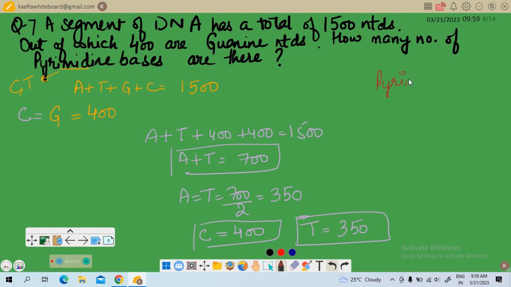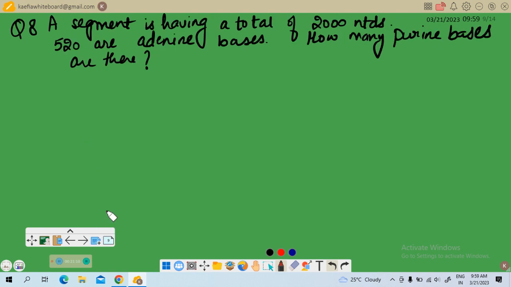Pyrimidine bases, that is C and T. So 400 plus 350 comes out to be 750 base pairs.